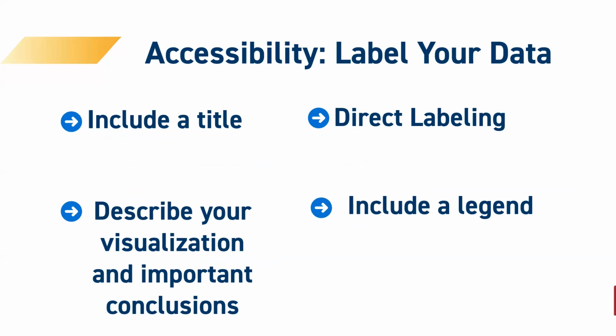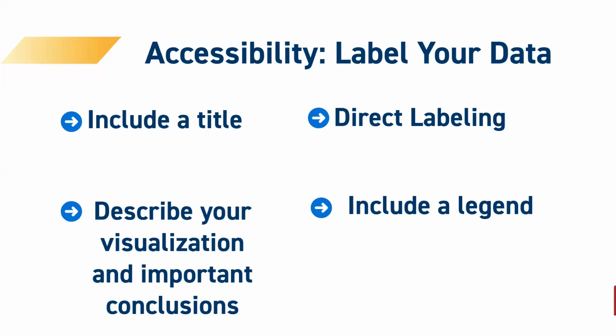One of the things that you'll want to think about as you're getting started is adding text elements to your visualization. It's not just about the visual. You will still want to describe what your visualization is doing. So make sure to include a title, include a sentence or two, just really brief, about what your data visualization is and an important concept related to the data.